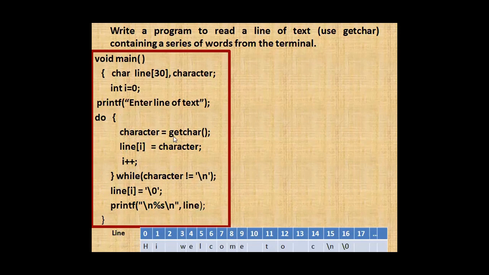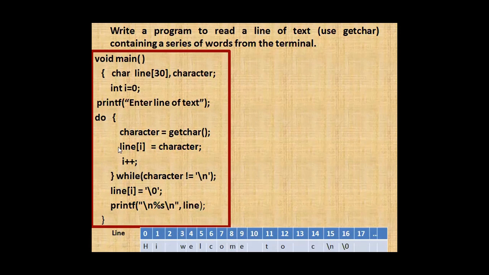Again character equals getchar. This time the getchar function will get the character i and put it in line of i, that is, in this position. Then i is incremented, and we check while the character is not equal to newline. No, it is not equal, so again it goes. It reads a white space as a new character and assigns it to line of i.